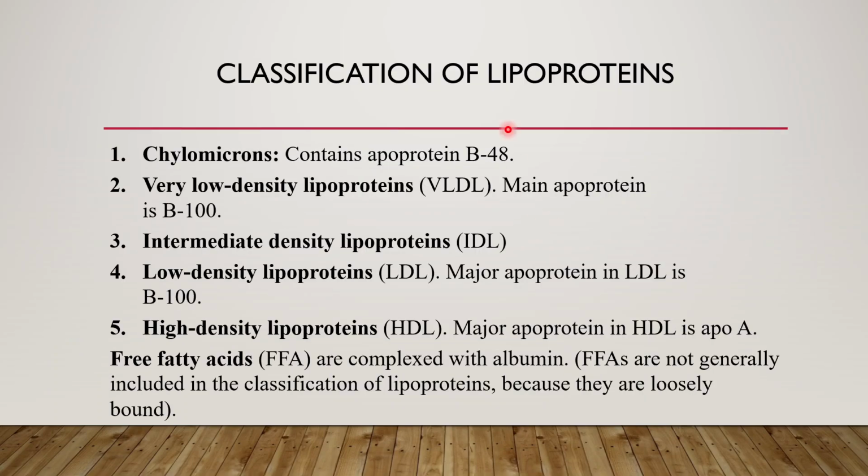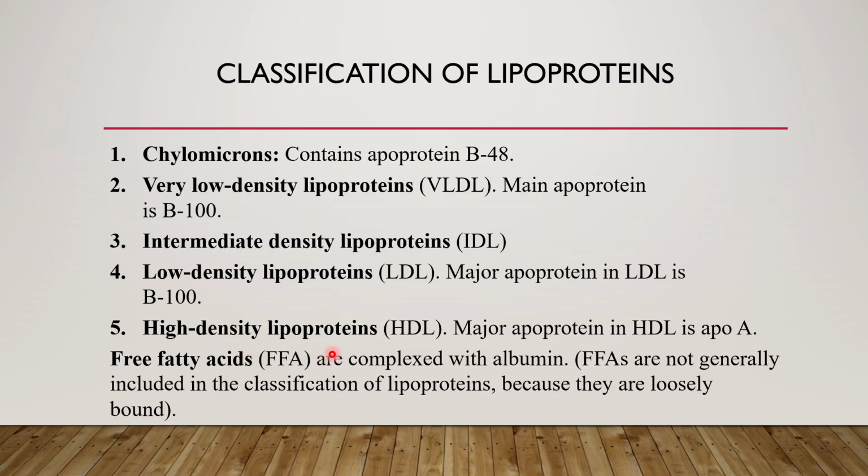Chylomicrons contain the apoprotein B48. Similarly, VLDL contains the apoprotein B100. Then you have intermediate density lipoprotein, after which you have low density lipoprotein, in which the major apoprotein is B100.